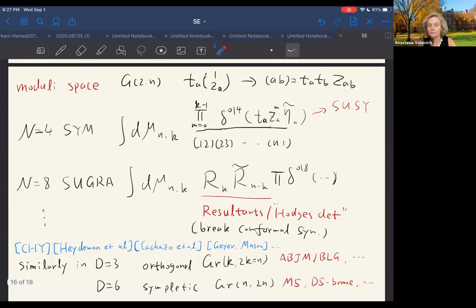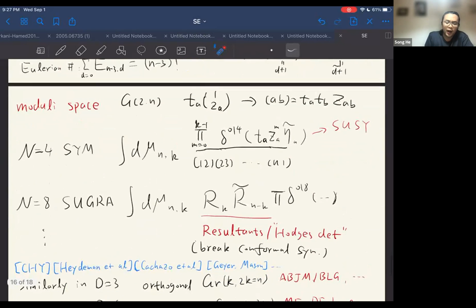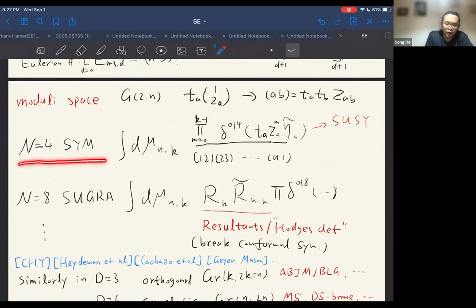So with this G2n as your moduli space, your scattering equations fall into different sectors labeled by the degree of your map, or the k of your Grassmannian in this Veronese map formalism. You can now write down, say, in 4 dimensions, the original RSV formula for N=4 super Yang-Mills, and also the formula of Freddy, Dave Skinner, and Lionel for N=8 supergravity.